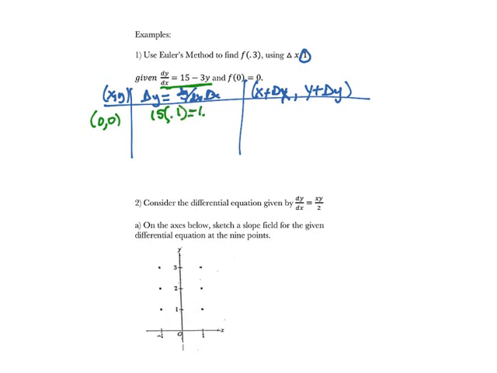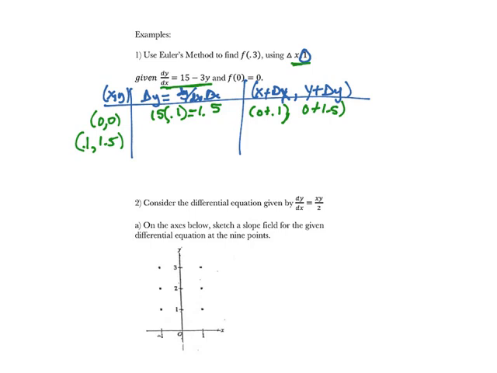So that would be 1.5 for delta y. Remember, my delta x was given as 0.1. So the x that I started with was 0 plus my 0.1, and y was 0 plus 1.5. So my new point is 0.1, comma, 1.5.